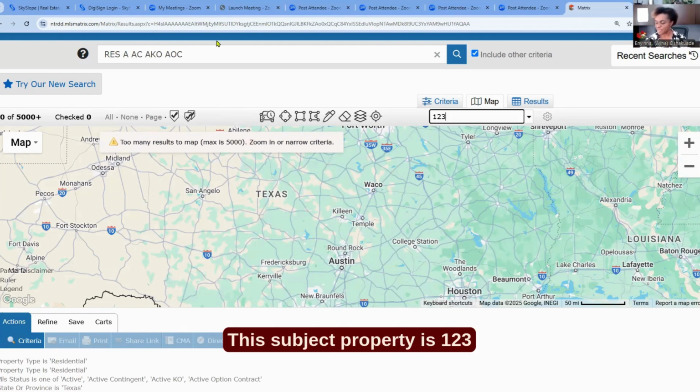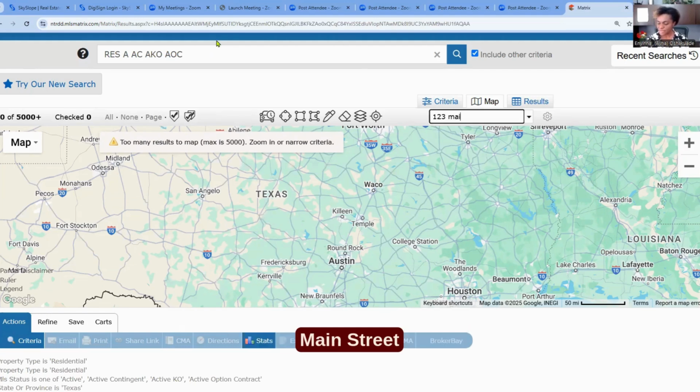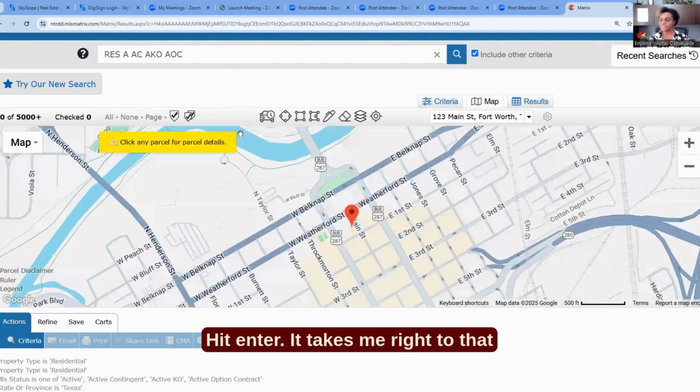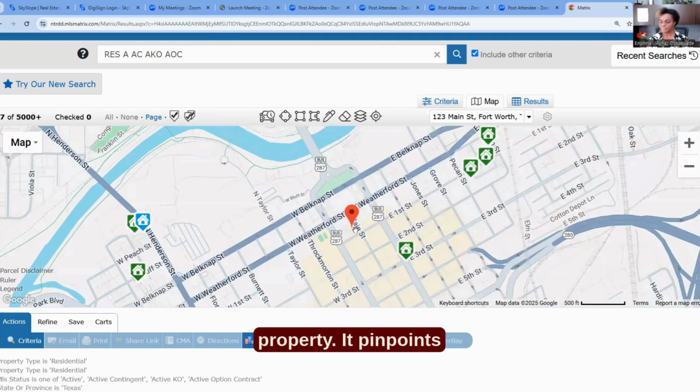And so we're saying this subject property is 123 Main Street, and it's in Fort Worth, Texas. Hit enter, it takes me right to that property.